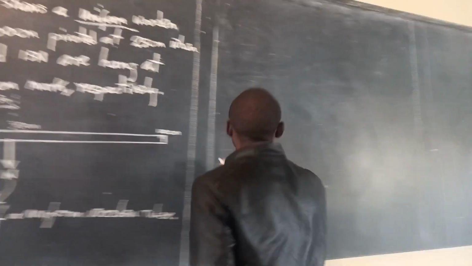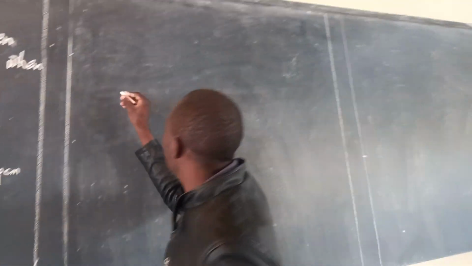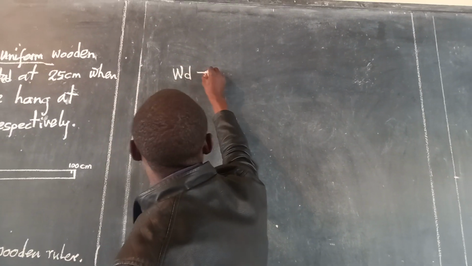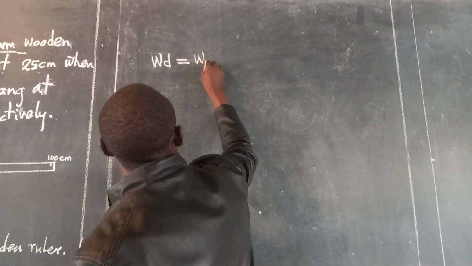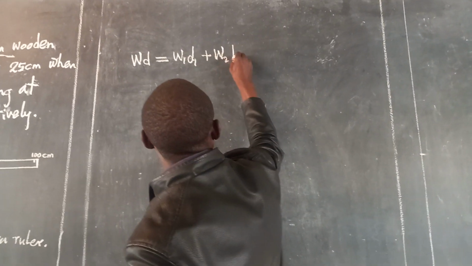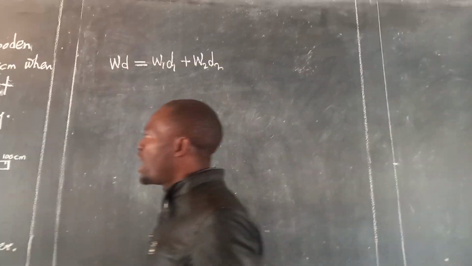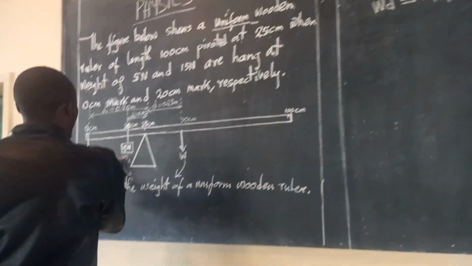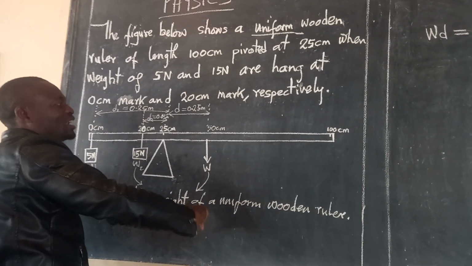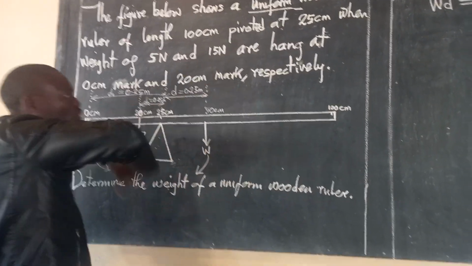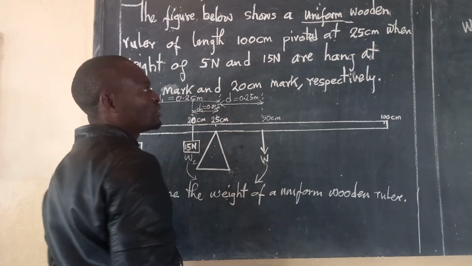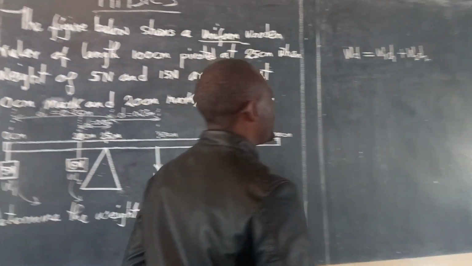So, according to the principle of moments, we will say W times D is equal to W1 D1 plus W2 D2. Remember, all these weights are creating what we call anti-clockwise moment, anti-clockwise rotation. And this weight concentrated at the center is creating what we call clockwise.